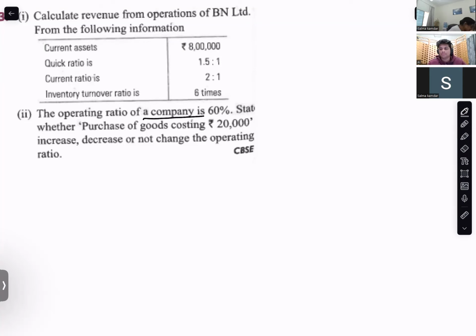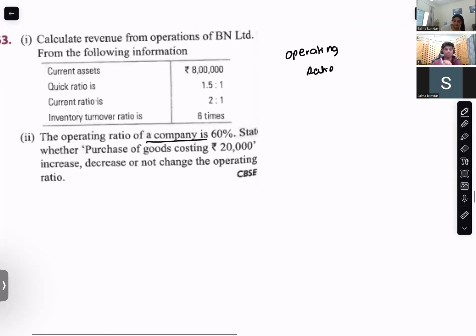I think we should put the formula. I don't remember. You've given it so many times. I don't know why I don't remember this. Operating ratio is operating cost divided by revenue from operations into 100.